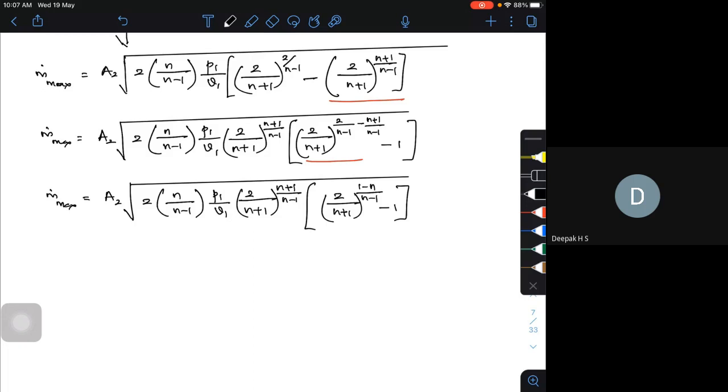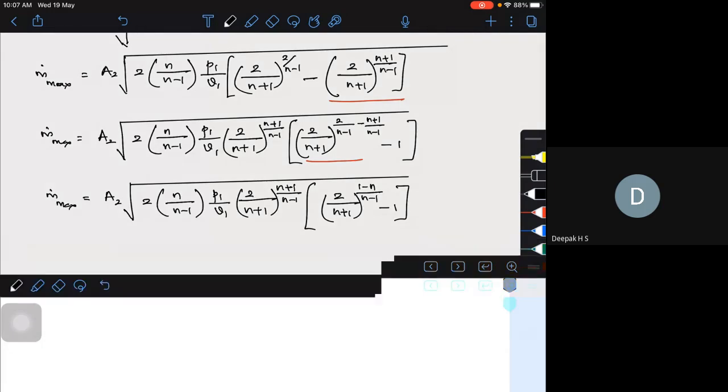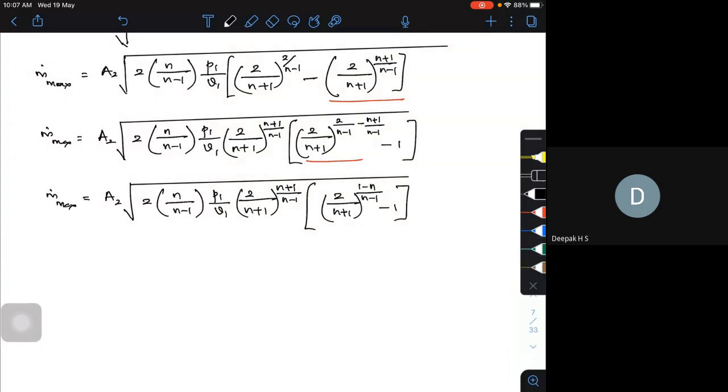Now, see what this expression is. I have (1-n)/(n-1) as the power, so I will take that expression and try to simplify it.